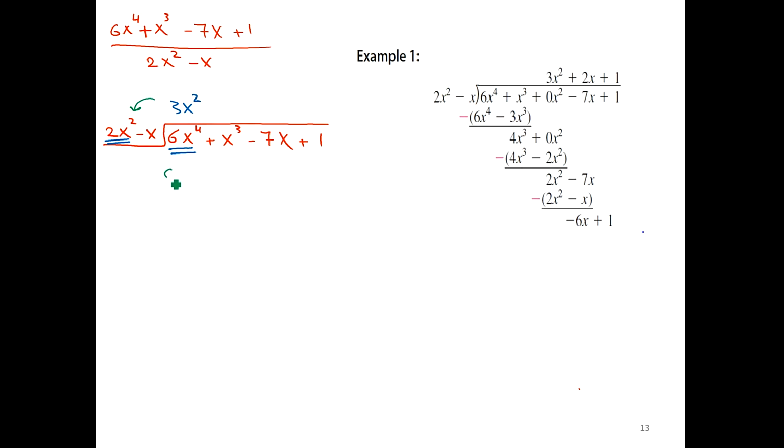So we have 6x^4 - 3x^3. Now we need to subtract: this is positive, convert to negative; this is negative, convert to positive, and find the addition.